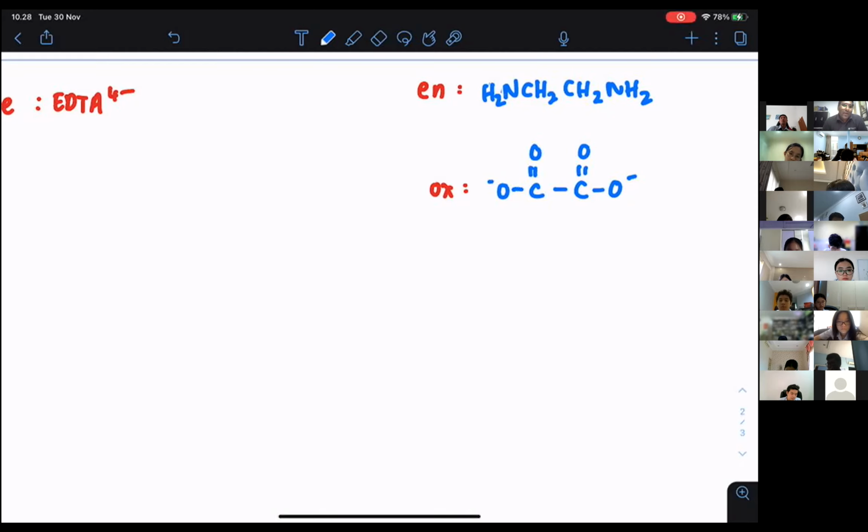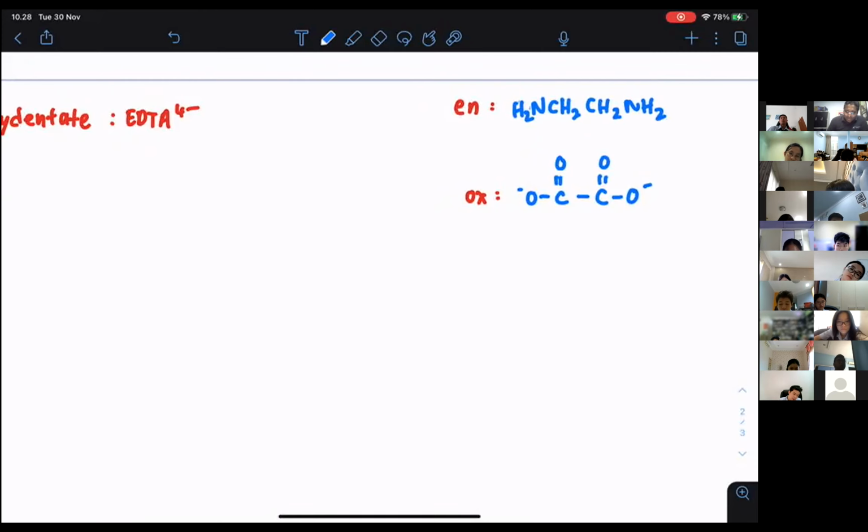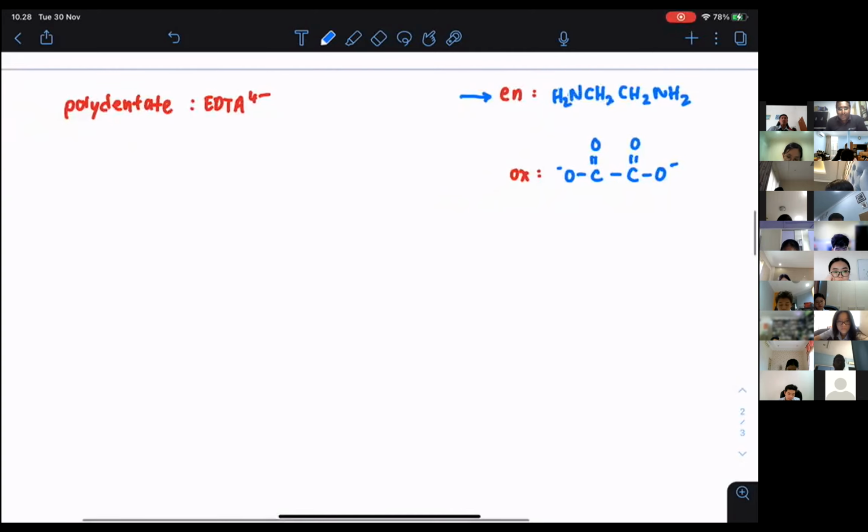Now in order to draw EDTA, EDTA is quite interesting because it looks similar to EN. If you don't trust me, I'll draw for you. So it looks like this. It starts with CH2, CH2, and instead of H2, hydrogen and hydrogen, they will go like this.